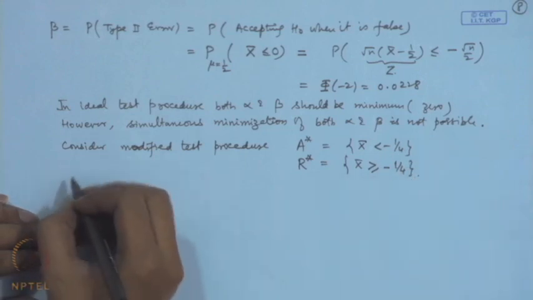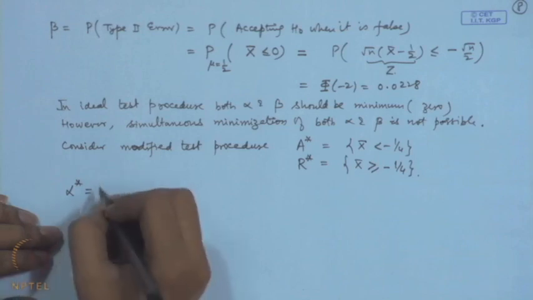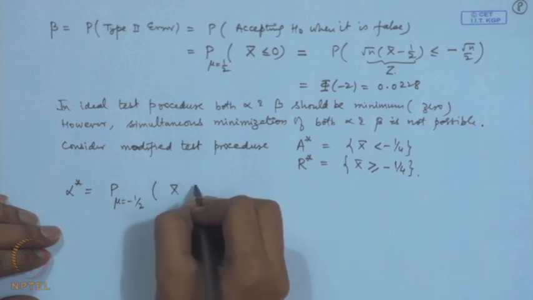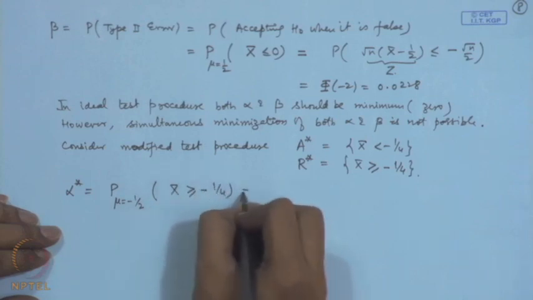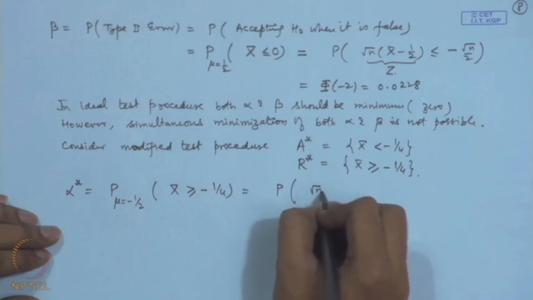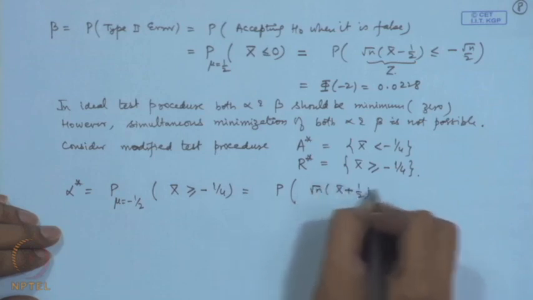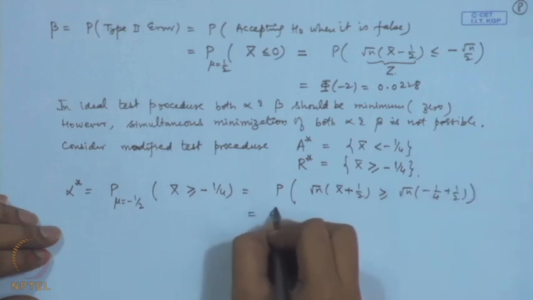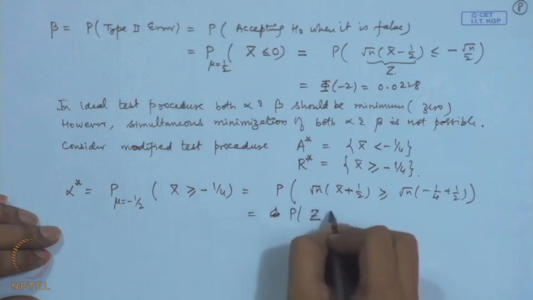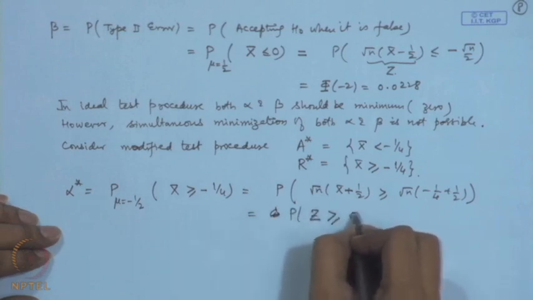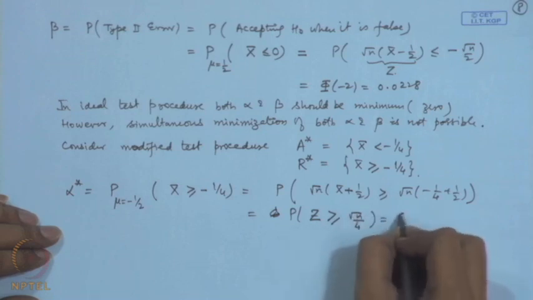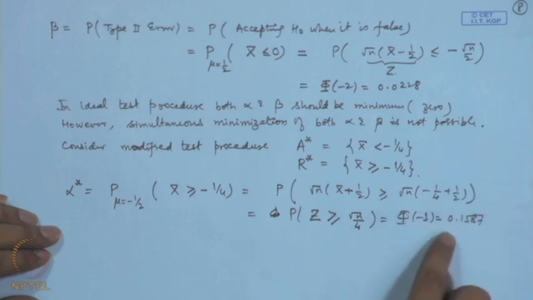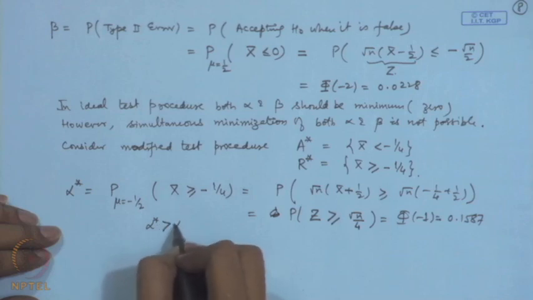If I take this, then our probability of type 1 error is the probability of x bar greater than or equal to minus 1 by 4, that is equal to the probability of root n times (x bar plus half) greater than or equal to root n times (minus 1 by 4 plus half), that is equal to the probability of z greater than or equal to root n by 4, that is equal to phi of minus 1, that is 0.1587. So, you can see here alpha star is greater than alpha.